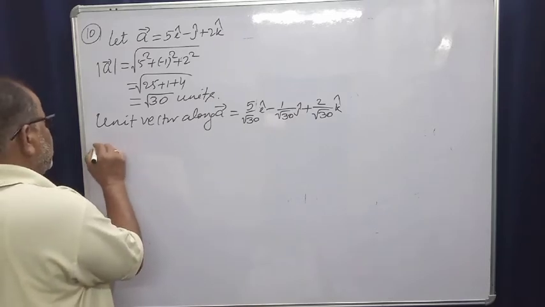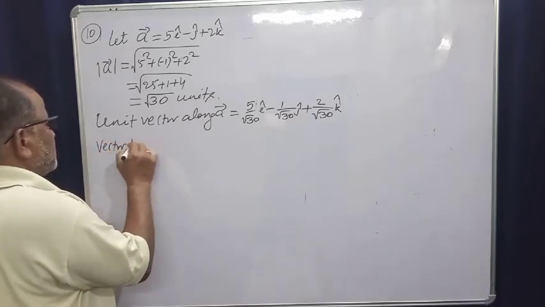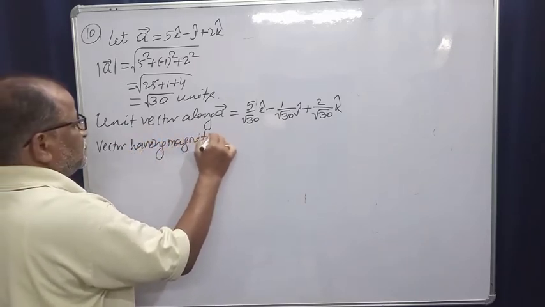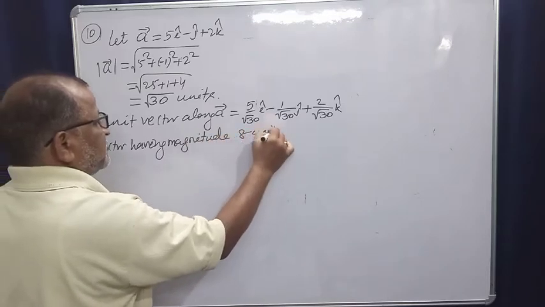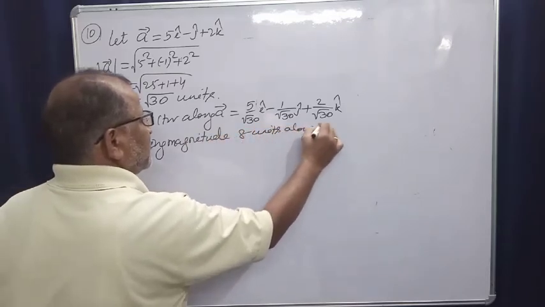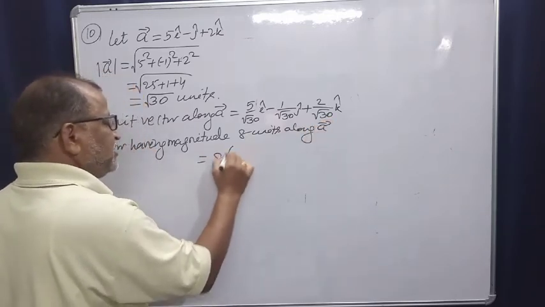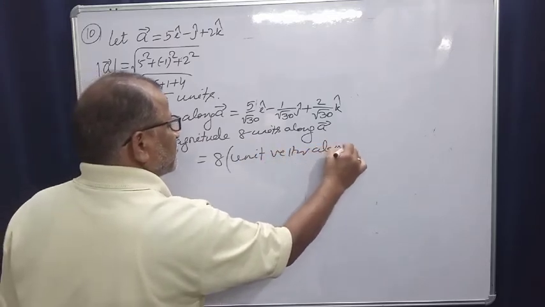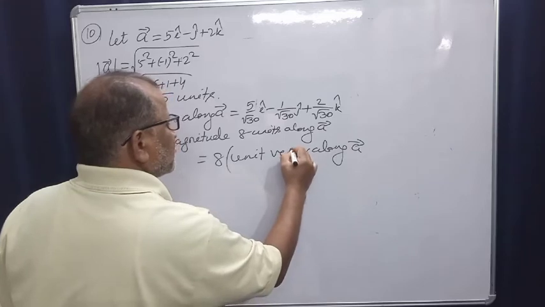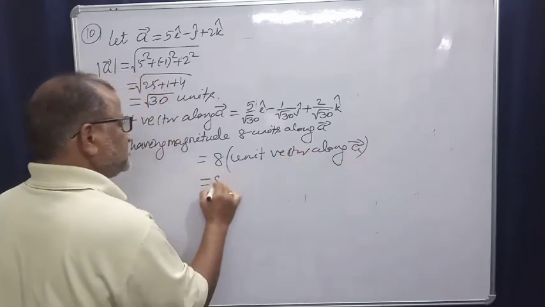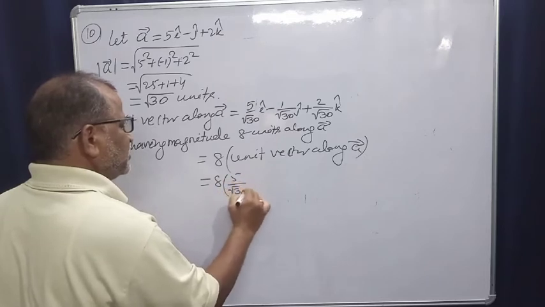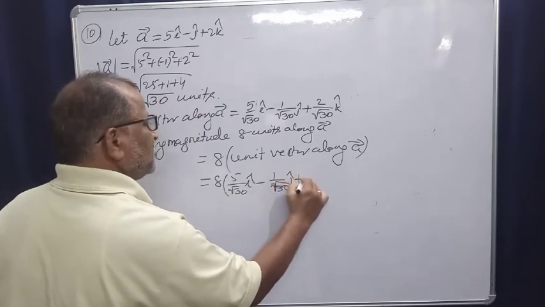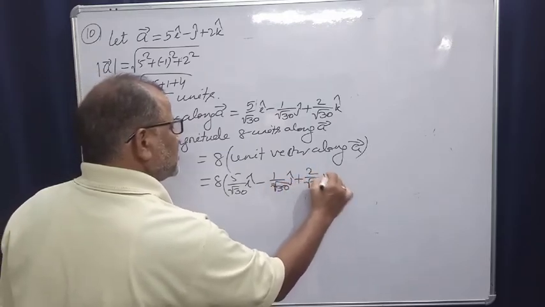This is the unit vector along A. The vector having magnitude 8 units along A will be 8 into the unit vector along A. That means it is 8 into (5 by square root of 30 i cap minus 1 by square root of 30 j cap plus 2 by square root of 30 k cap).